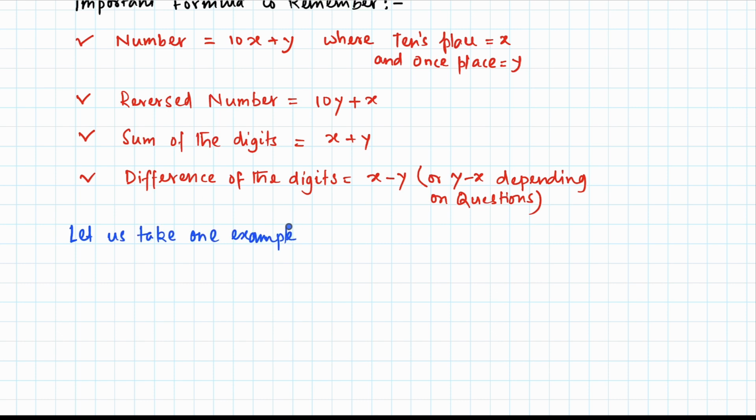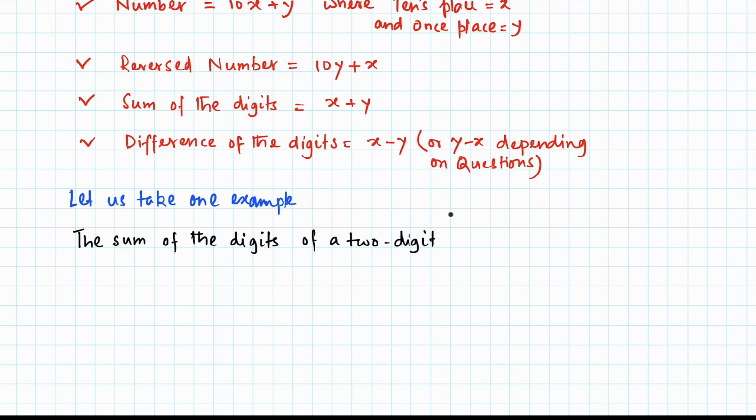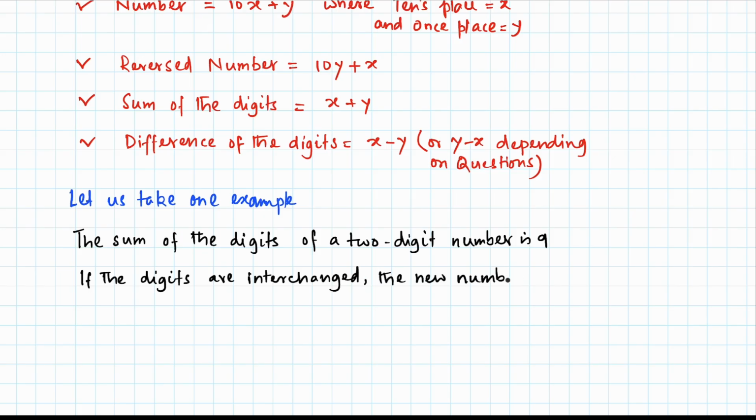These are the important things we should consider when we solve this kind of problem. Now let us take one example and see step by step how we can arrive at the solution. The sum of the digits of a two-digit number is 9, and if the digits are interchanged, then the new number is 27 more than the original number.